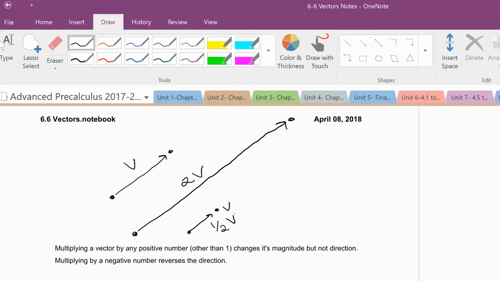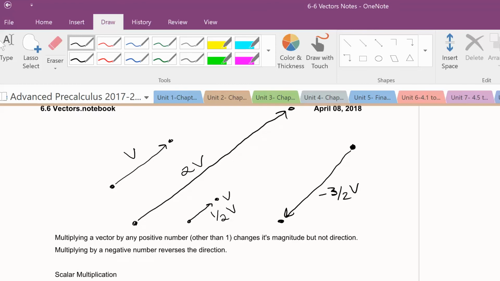But a negative number would change the direction. Like let's say that's -3/2 v. So notice it changed the magnitude and the direction because it was multiplied by a negative.